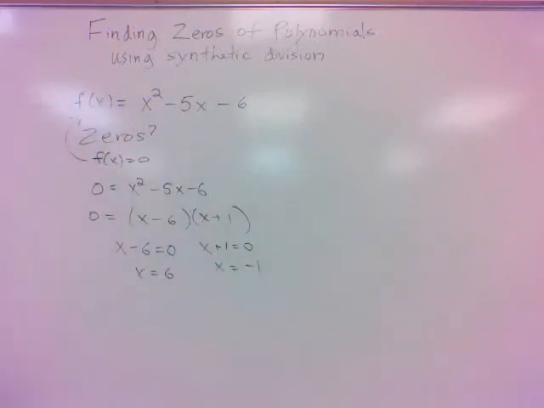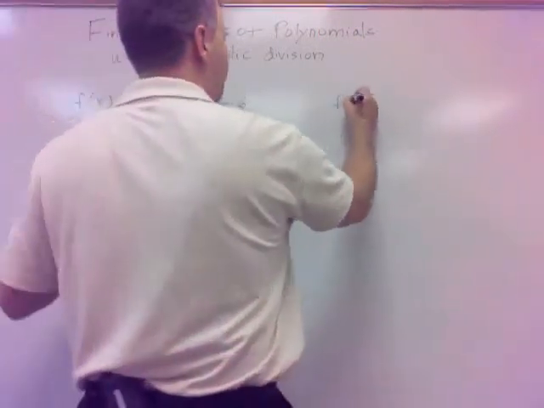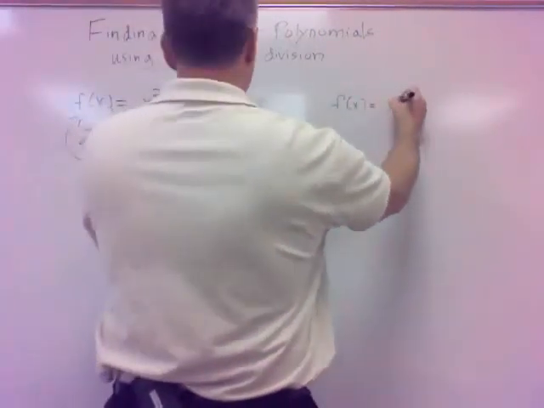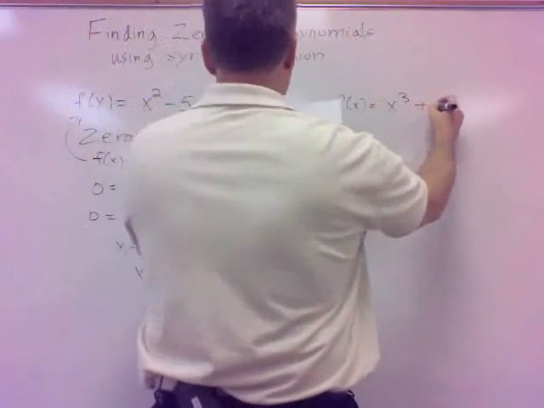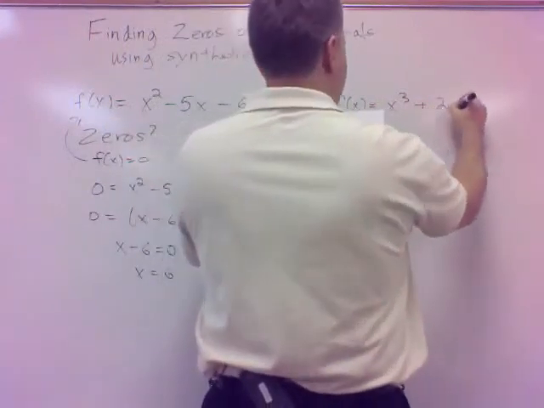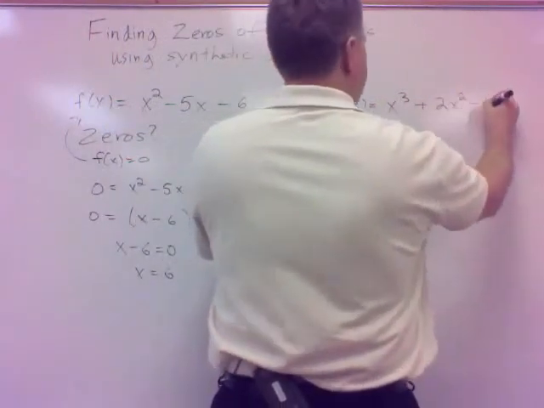Okay, well, that's all well and good, but what if I have f of x equals x to the third plus 2x squared minus 5x minus 6?